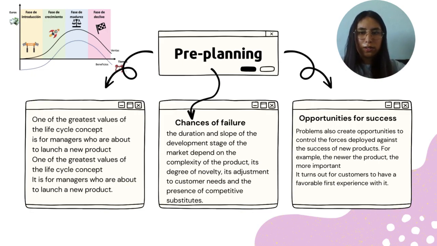Opportunities for use. The life cycle also creates opportunities to control the forces deployed against the uses of new products. For example, the newer the product, the more important it is for customers to have a favorable first experience with it.